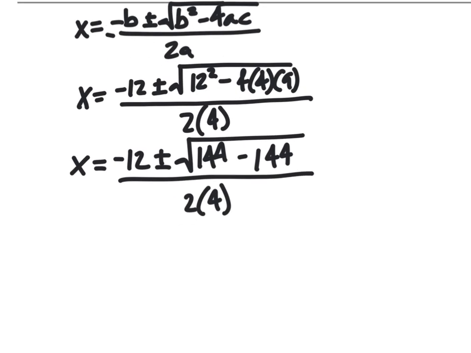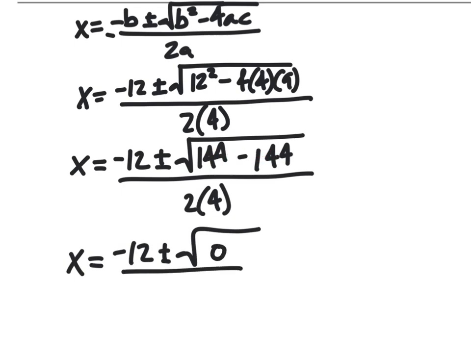So now I get x is equal to opposite 12 plus or minus the square root. 144 minus 144 is just going to give me 0, which is kind of nice. And then I get 2 times 4, which is 8. So now that we just get the square root of 0, that's just going to give me 0.